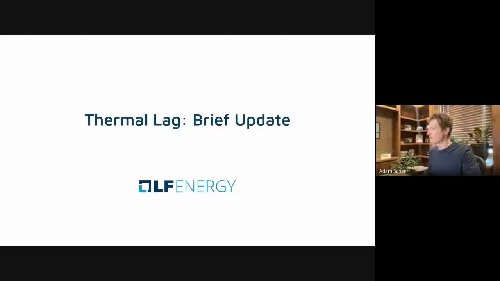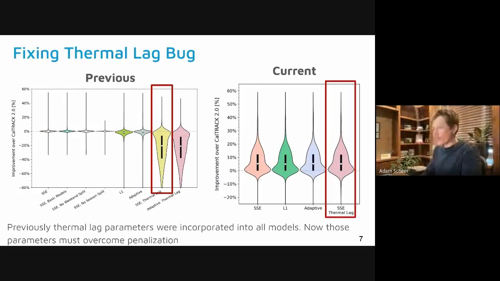So I just wanted to spend a minute or two on thermal lag, just to provide a brief update. Folks may remember during the last call that when we were looking at the inclusion of thermal lag parameters into the preliminary Caltrac 2.1 daily model, we were seeing that those parameters were harming the performance of the model.